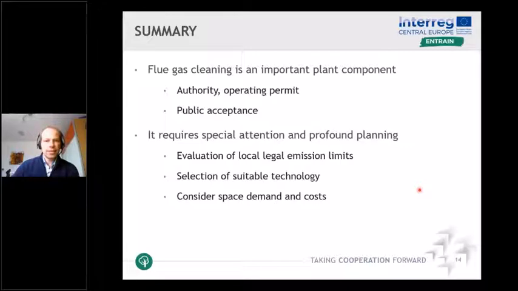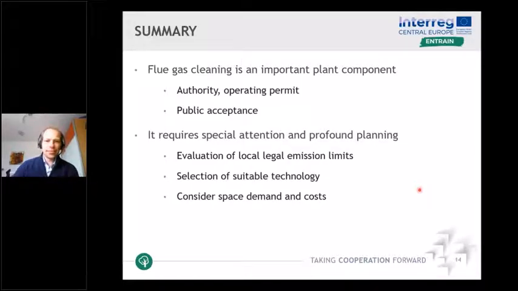This is really important in communications with authorities regarding operating permit and so on. Also regarding public acceptance, because these are important measures to ensure air quality around the biomass district heating plant.